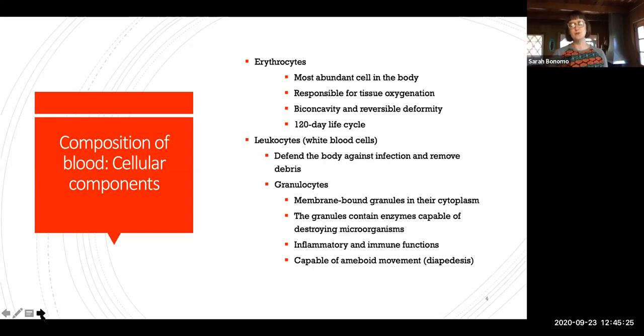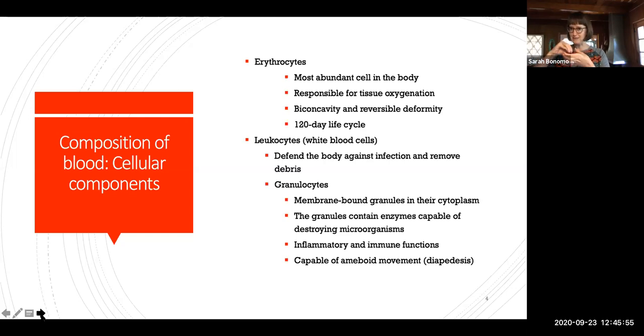Biconcavity and reversible deformity refers to the shape of a red blood cell, which is very unique and allows it to travel through really small vasculature. We call it microvasculature. That's places like, again, in the tips of your fingers, the tips of your toes, your eyes, some very tiny places through the kidneys, lungs, liver, all those places. So the shape of a red blood cell is sort of like a donut, but the hole doesn't go all the way through.